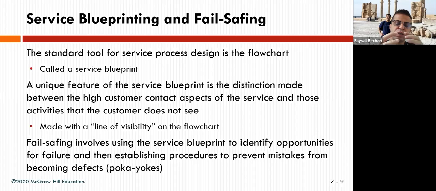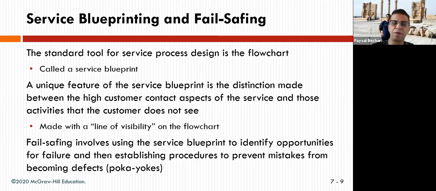Customers usually don't see the back services, they see the front services. What happens behind is such as delivering product on time, making orders on time, bringing things from the warehouse to the back office, and where the service provider comes and brings it for you. This is a blueprint, the flow chart of how this is happening.